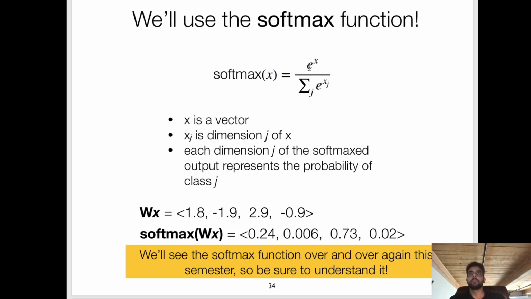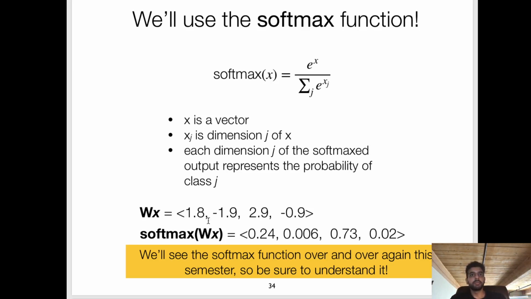So this is going to make all of the values positive, and then it's going to normalize by the sum of this vector, the exponentiated vector. So that normalization step makes the sum of all the elements in the vector equal to 1. So this function accomplishes both of our goals, right? We get a vector where all the elements are positive, and also all the elements sum to 1.